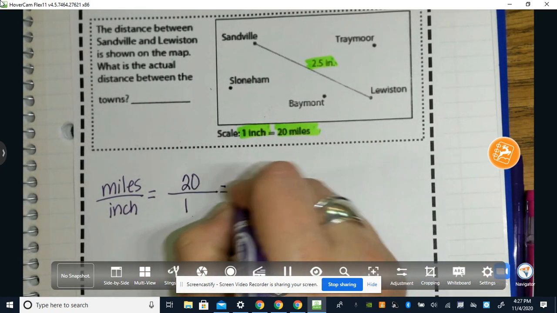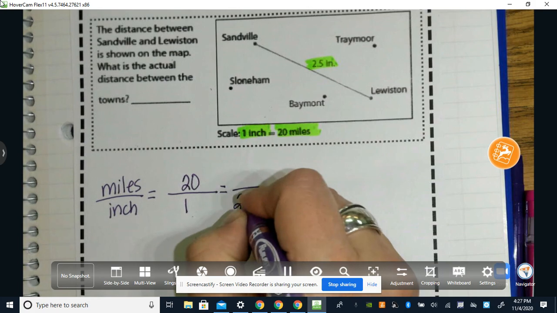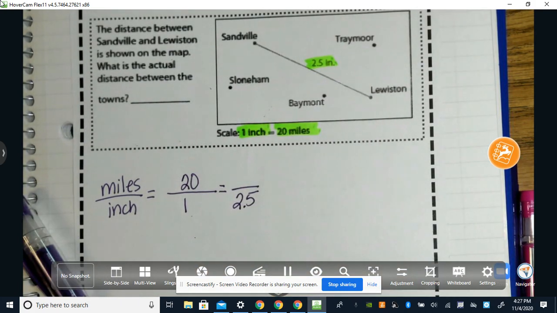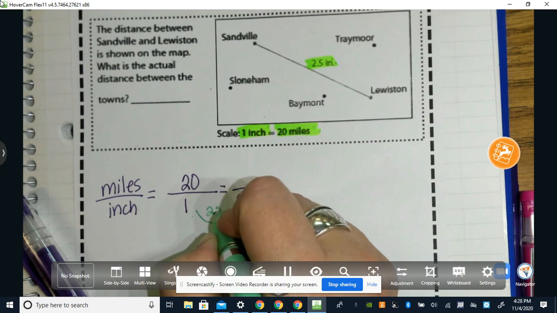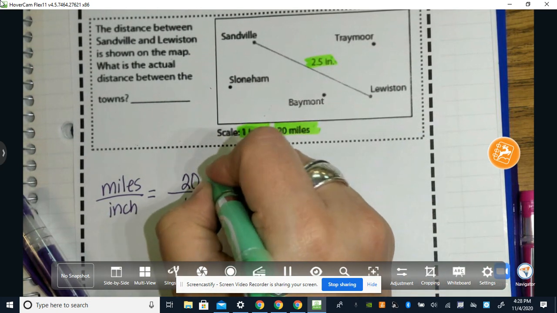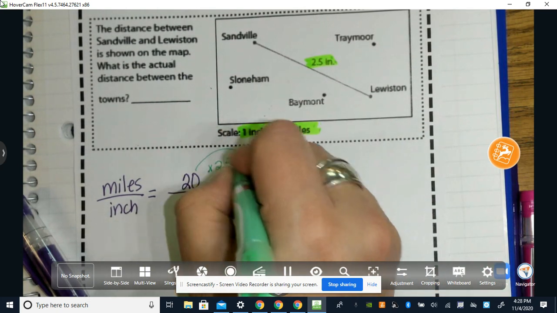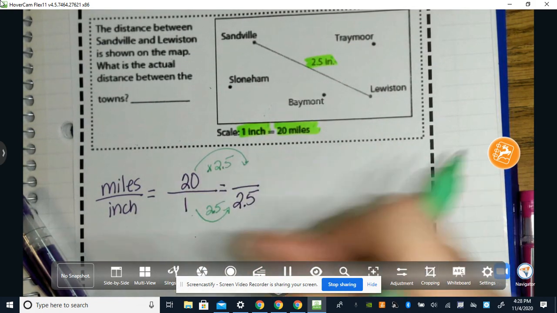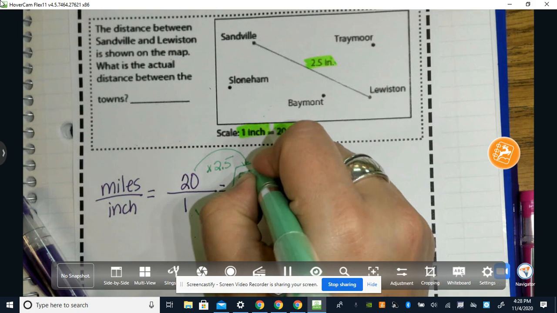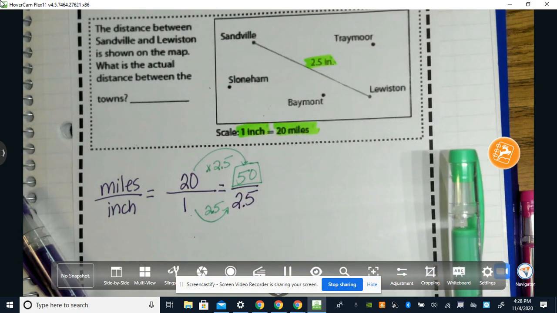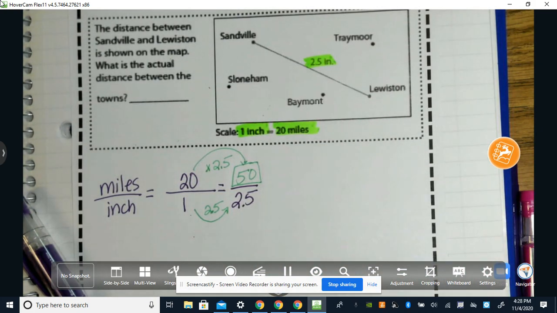But I need to figure out what 2.5 inches is. So I can multiply this by 2.5 and multiply this by 2.5. And 20 times 2.5 gives me 50. So my answer would be 50 miles. That's one way you can solve it.